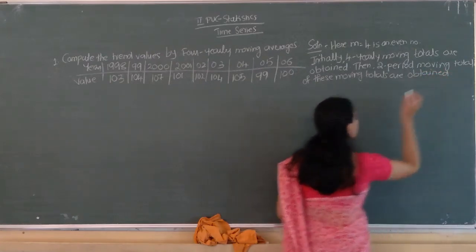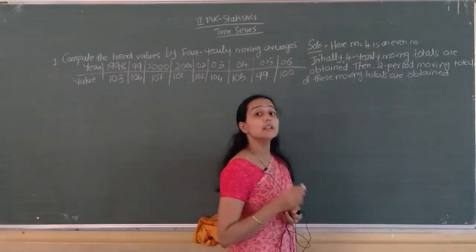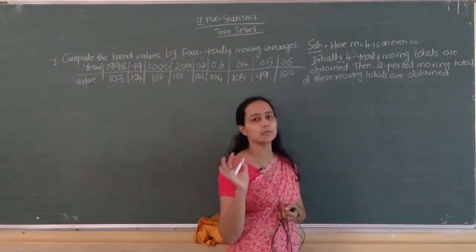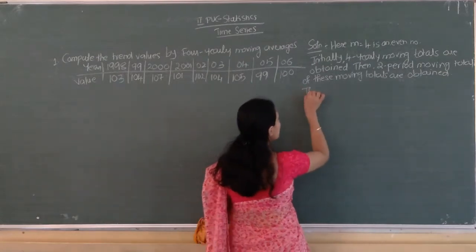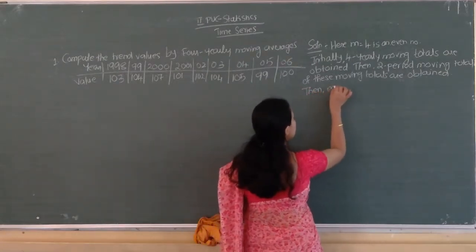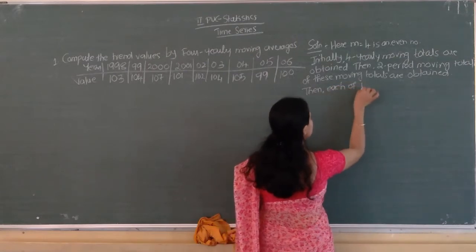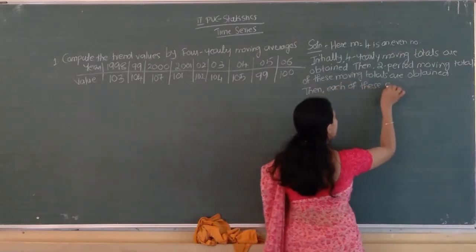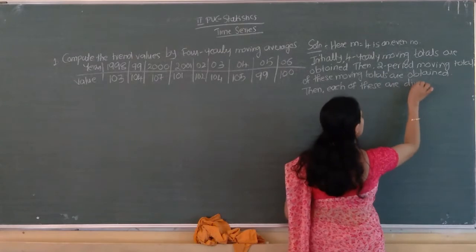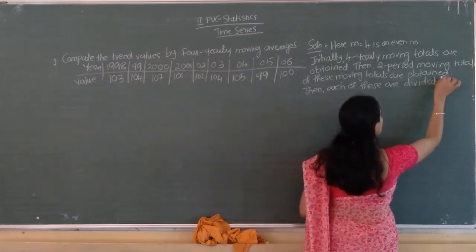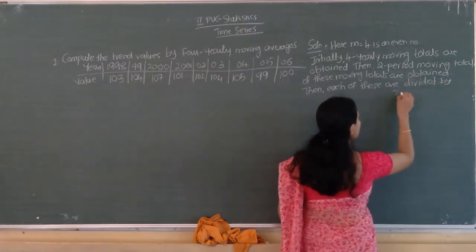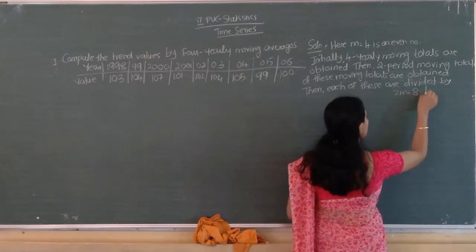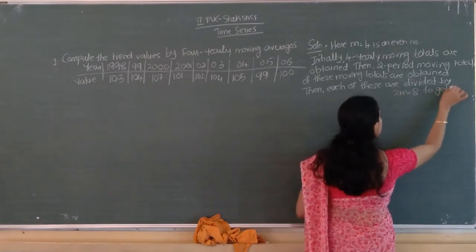Then each of these is divided by 2m equal to 8 to get the trend values.